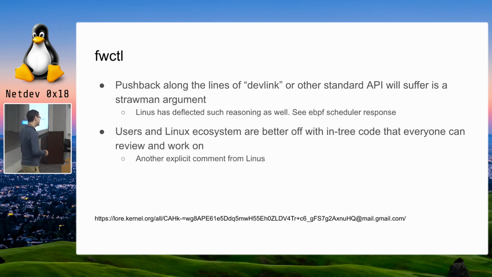Right? That was something that Linus said in the eBPF scheduler response as well. So it's kind of a straw man argument to say if an open channel goes in, all the other ones fall by the wayside. Another one is that users in the Linux ecosystem are better off with in-tree code that everyone can review and work on. Another comment made in that eBPF scheduler thread.